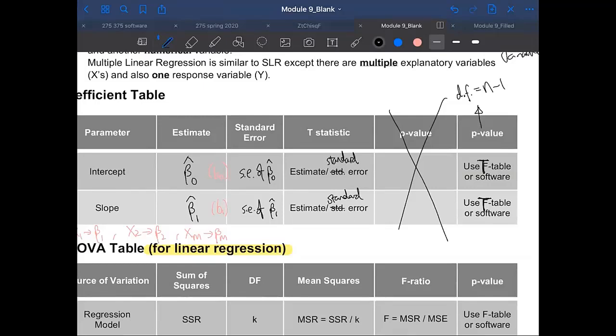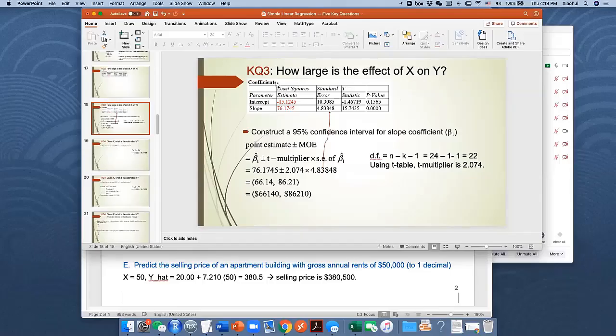I think that's n minus k minus 1. N minus k minus 1, right? Okay. This is related to key question number 3. And as you can see, we are doing a t-table here. So the degrees of freedom is n minus k minus 1, where k represents the number of x's included in your model.